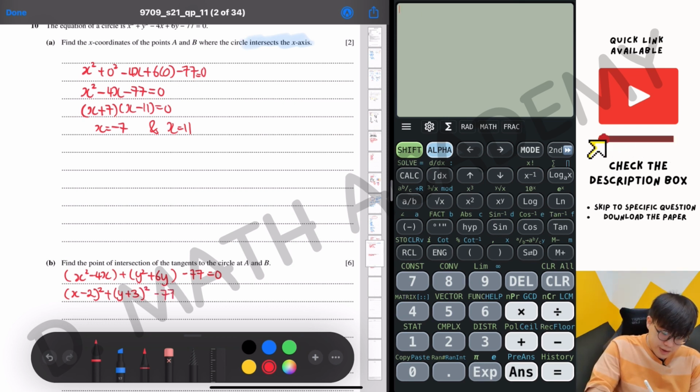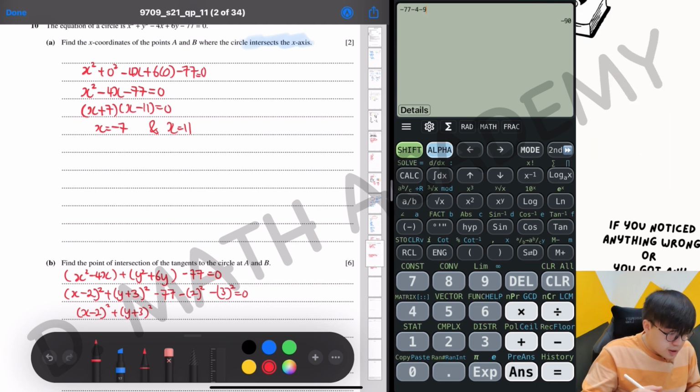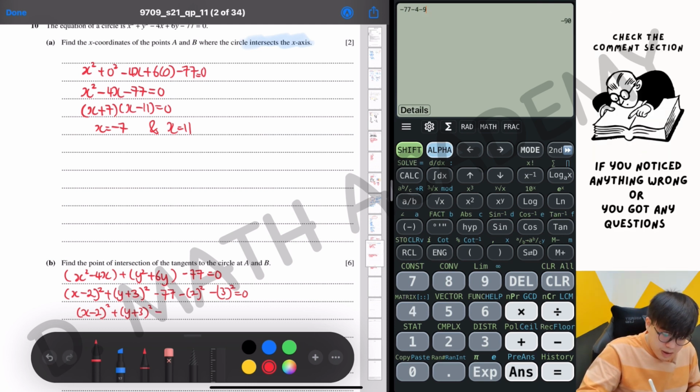So we have negative 77, we have to minus off what we added in on both sides here. So x minus 2 square plus y plus 3 square, negative 77 minus 4 minus 9, you will get it as 90.